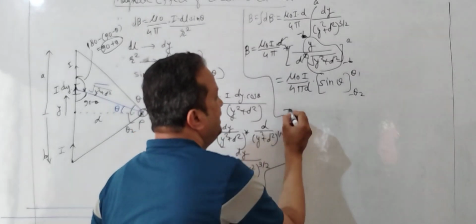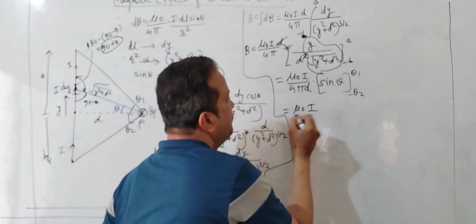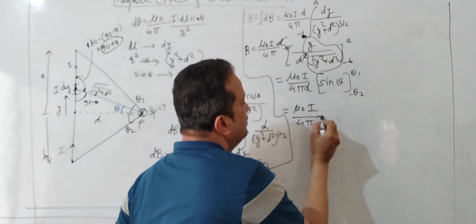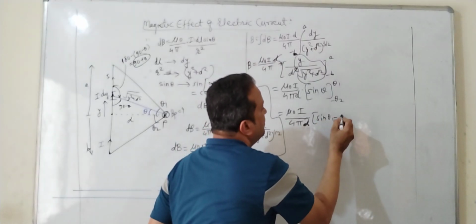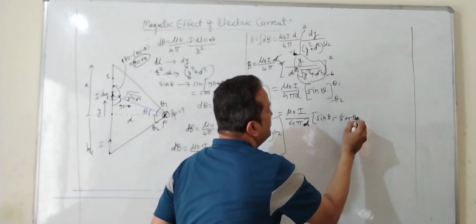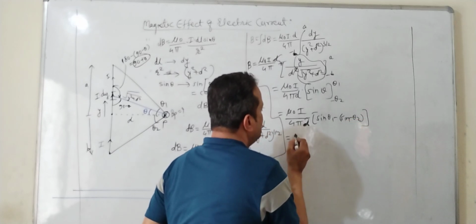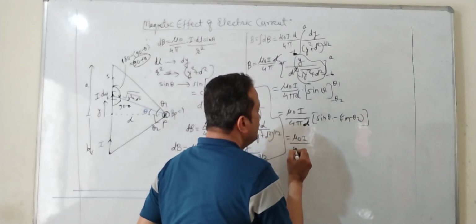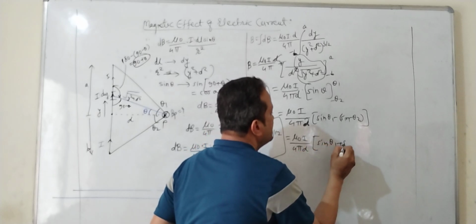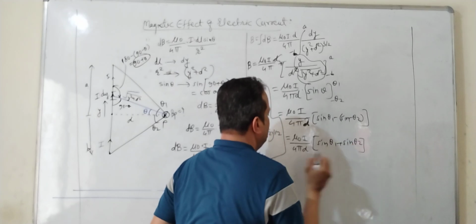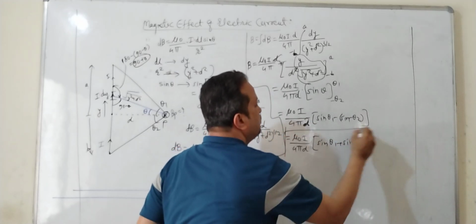Okay, so if we find it, mu 0 I upon 4 pi d into sine of theta 1 minus sine of minus theta 2, that is equal to mu 0 I upon 4 pi d into sine of theta 1 plus sine of theta 2. So this is the expression for B.